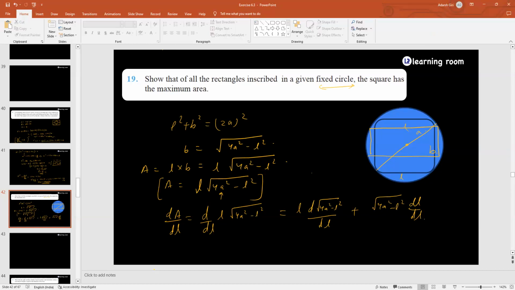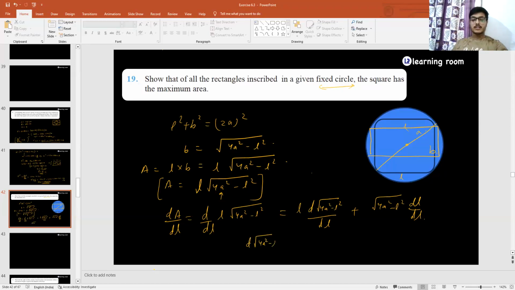Yes. So for this differentiation, I'll have to apply the chain rule. See how I am doing it. So d of under root of 4a square minus L square. Sorry, it should be written like this now.